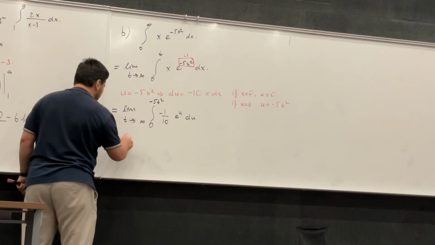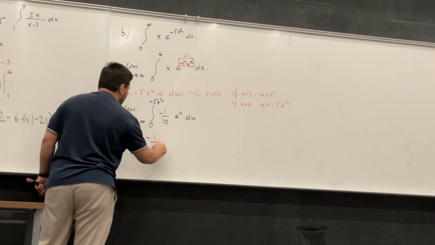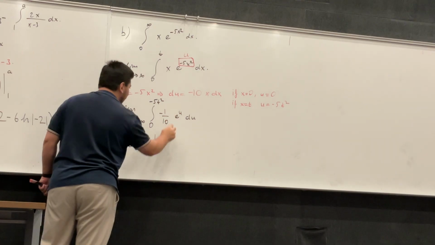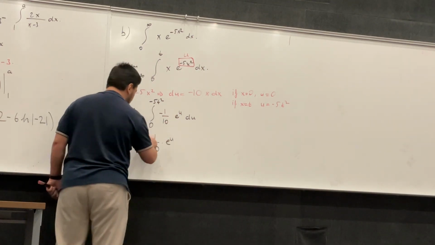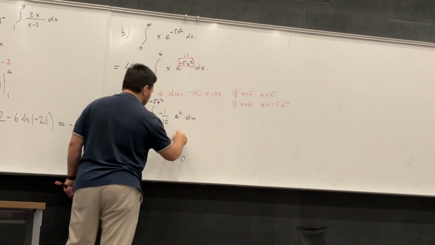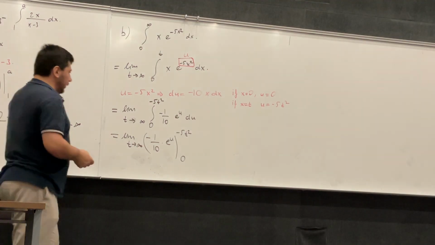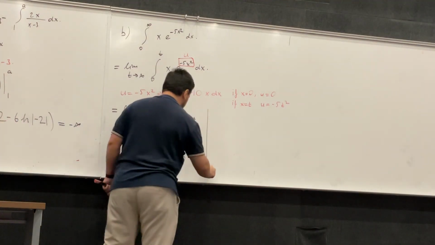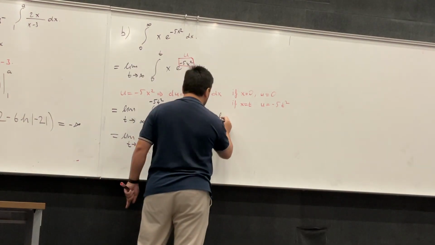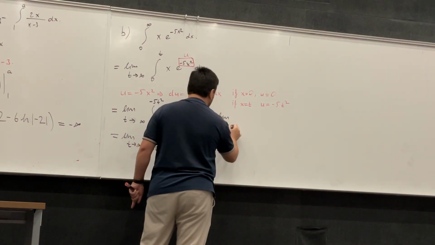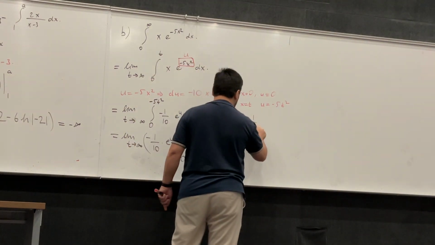So this is the limit as t goes to infinity of minus 1 over 10. What's the integral of this? e to the power u, from 0 to minus 5t squared. So this is the limit as t goes to infinity of minus 1 over 10.